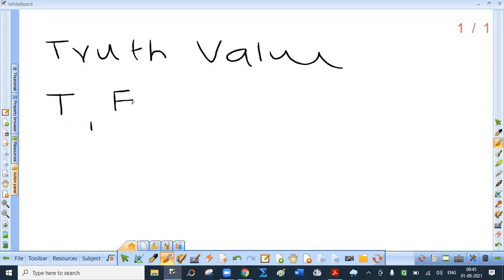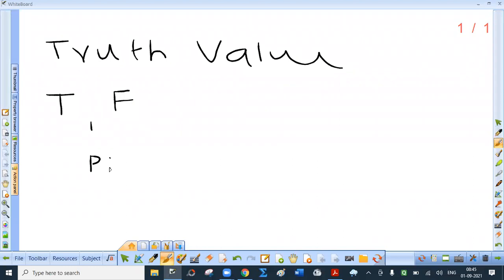As simple as that. Consider the statement, the sum of two odd integers is an odd integer. Suppose we denote this statement by P. So P is a statement, the sum of two odd integers is an odd integer.